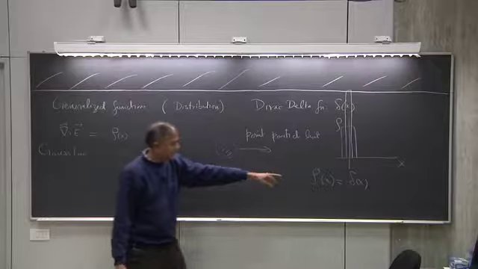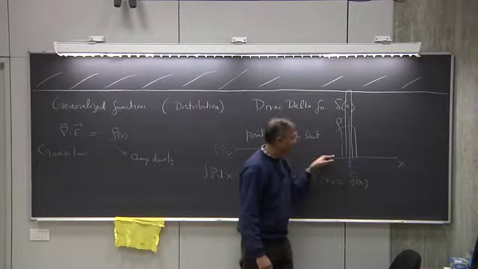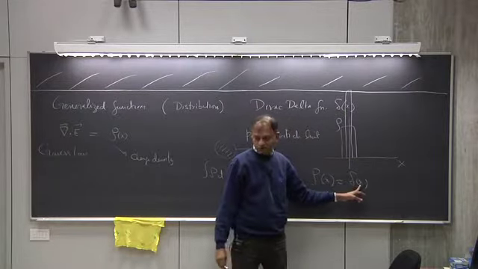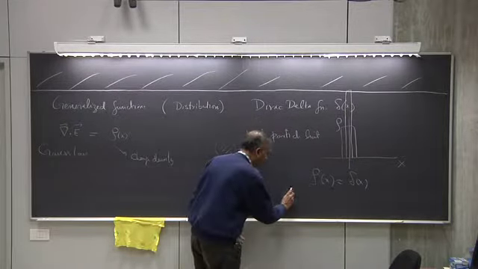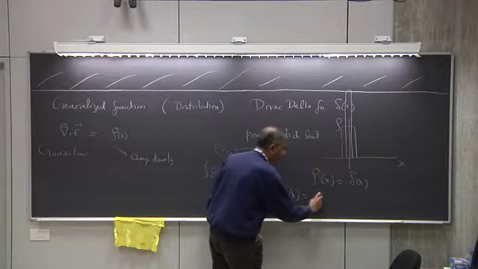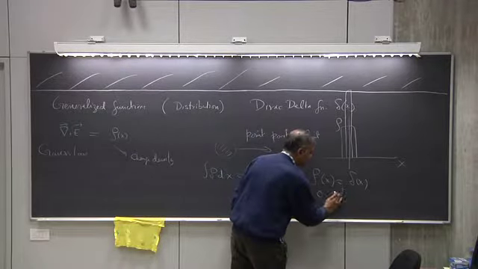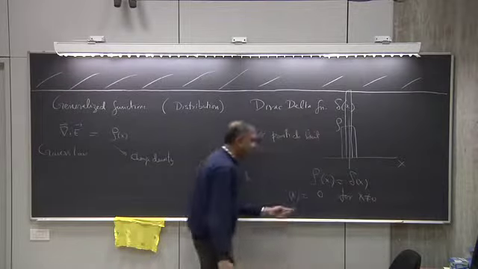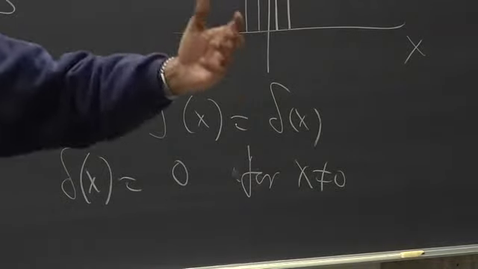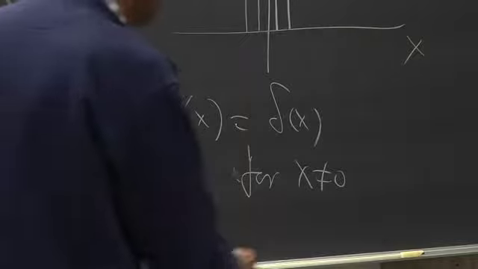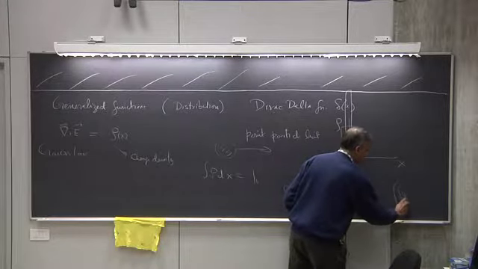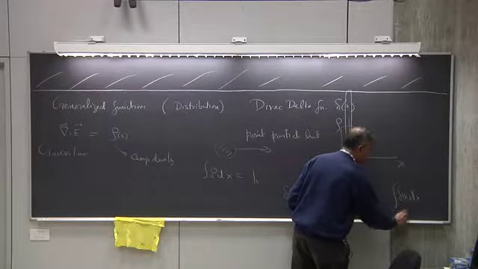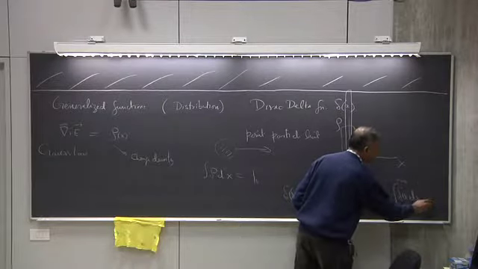So the property of the delta function is that it is 0 everywhere except at x equal to 0. What is the basic property we want? Delta of x should be equal to 0 for x not equal to 0. At x equal to 0, it is infinite. But the important point here is that the integral of the delta function is equal to 1.